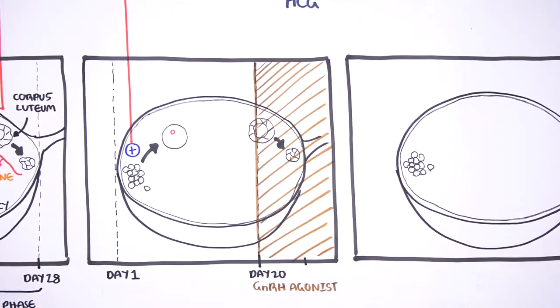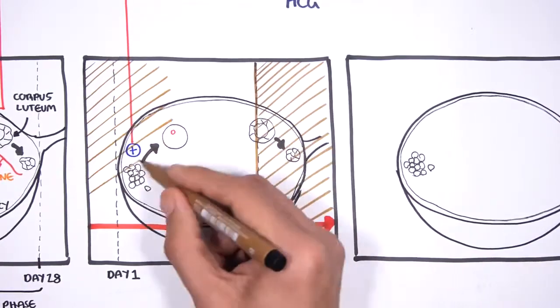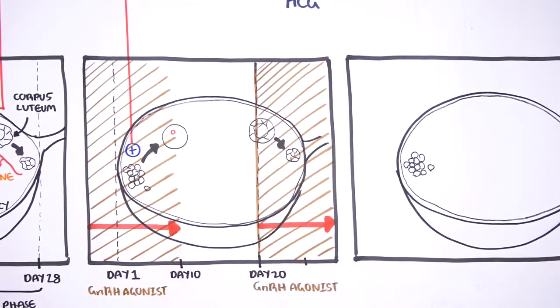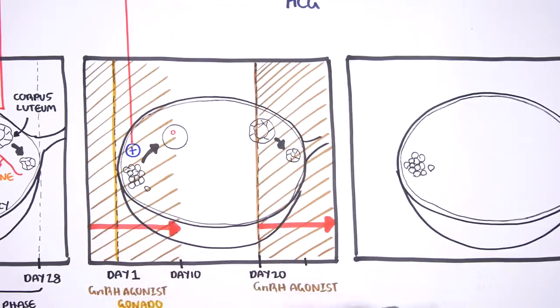Gonadotropin releasing hormone agonists are continued until day 10 of the new menstrual cycle. They prevent spontaneous follicle rupture due to the luteinizing hormone surge and promote follicle development. At day 1 of the menstrual cycle, gonadotropins are introduced.